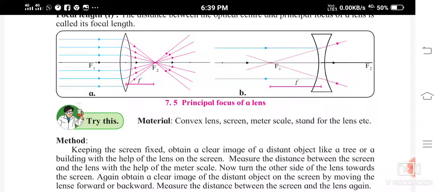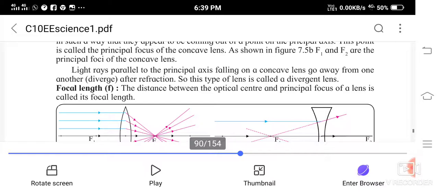That means they are diverging, and that is why the concave lens is called the diverging lens. Light rays parallel to the principal axis falling on a concave lens go away from one another after refraction. So this type of lens is called a divergent lens.